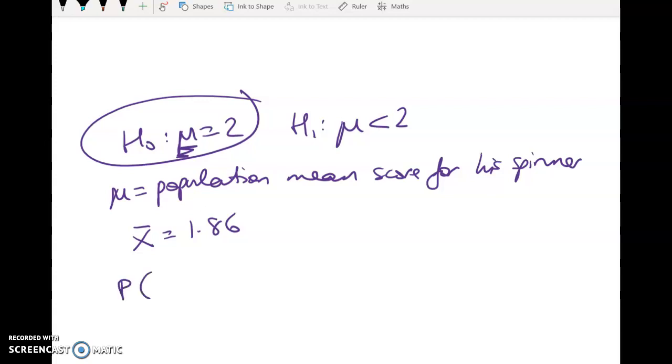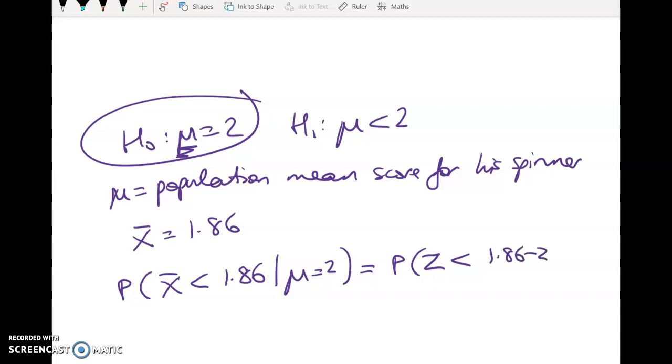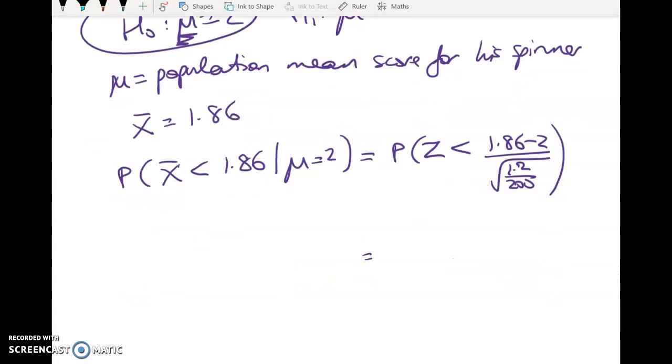So we want the probability that x bar is that number or even weirder, given that the mean is equal to 2. So we're going to standardize that just like we did before. So that's the probability that z is less than 1.86 minus 2 divided by root 1.2 over 200. So how weird is my outcome here? We've got the probability that z is less than negative 1.807.